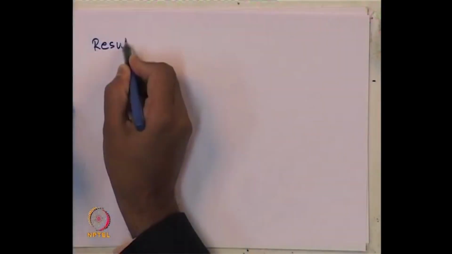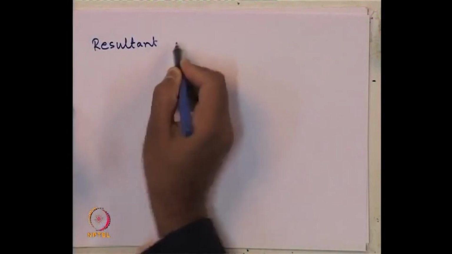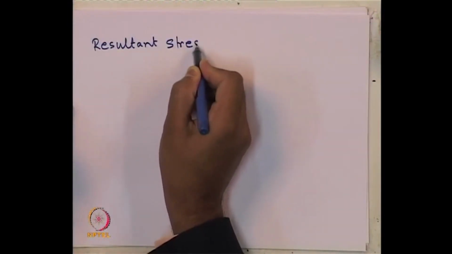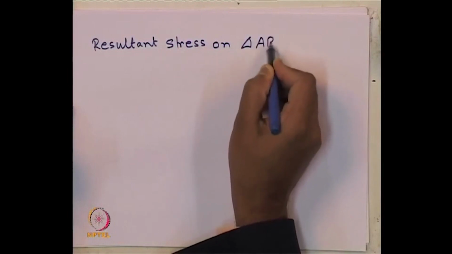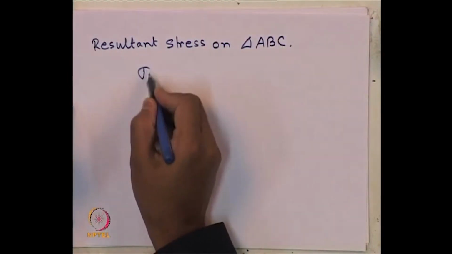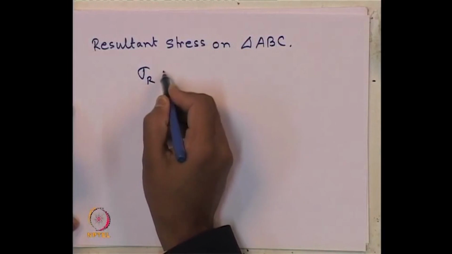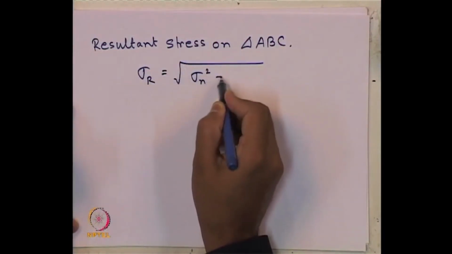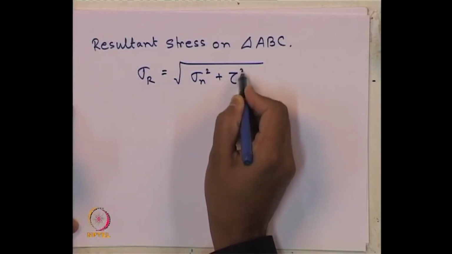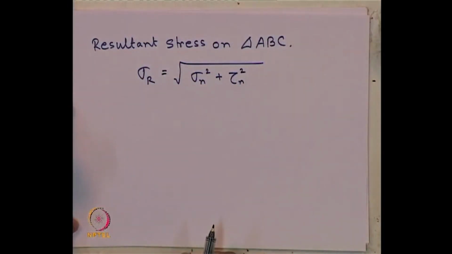So, the resultant stress on that inclined plane ABC, let us say that is sigma r. The resultant stress is nothing but normal stress square plus shear stress square, right?